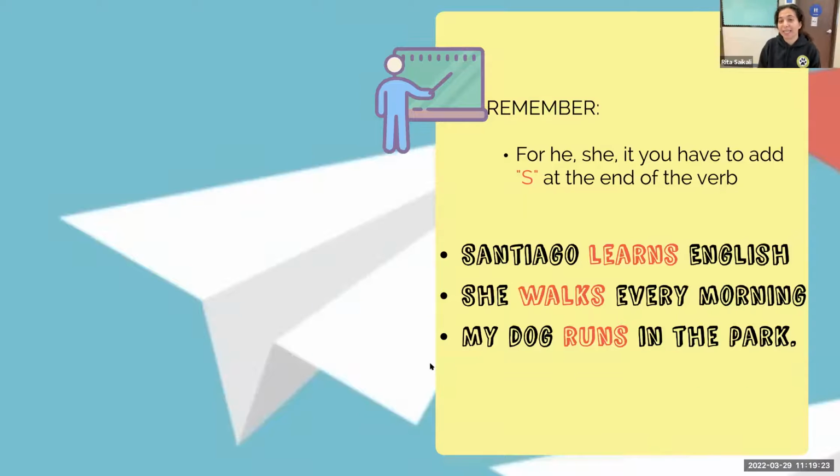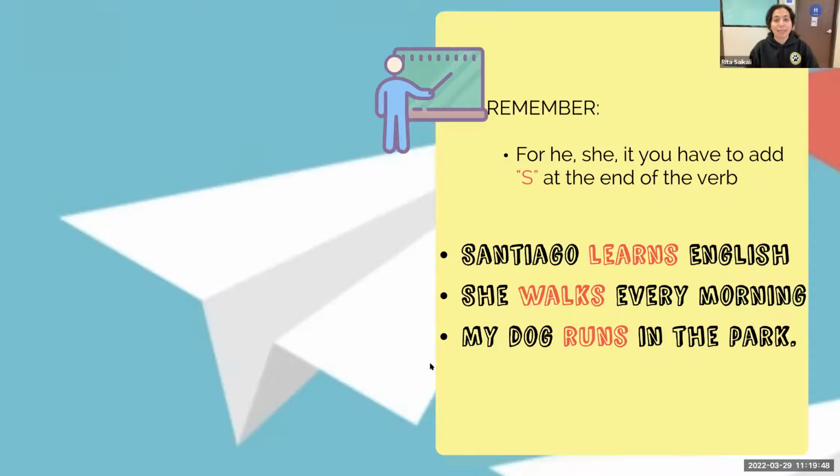So it's equal to he, then Santiago learns English. So we add an S. If I'm talking about you, I don't add an S. You learn English. We learn English. Only when she or he. Exactly. Only when we have she, he, or it.